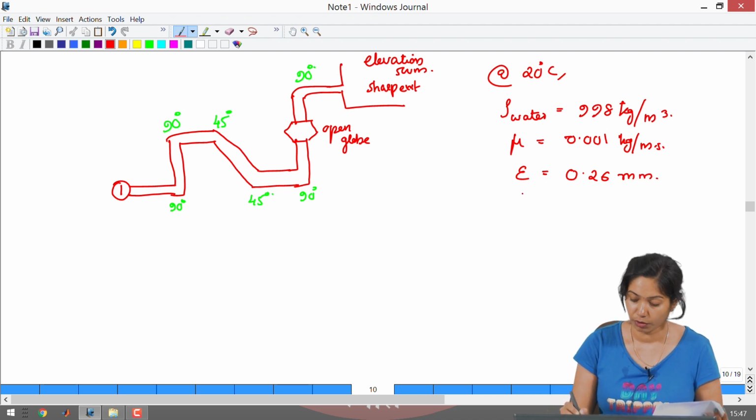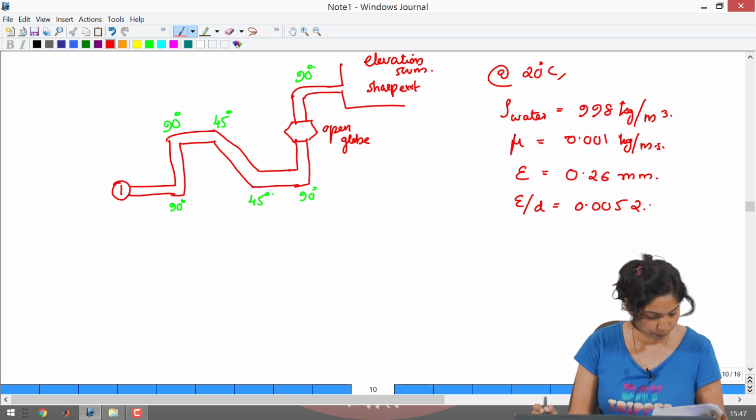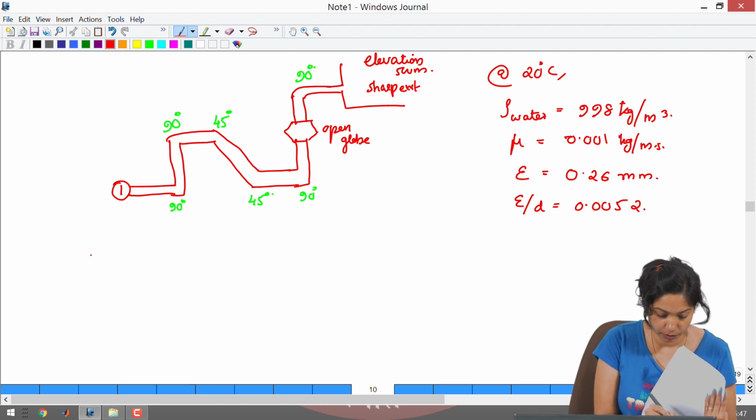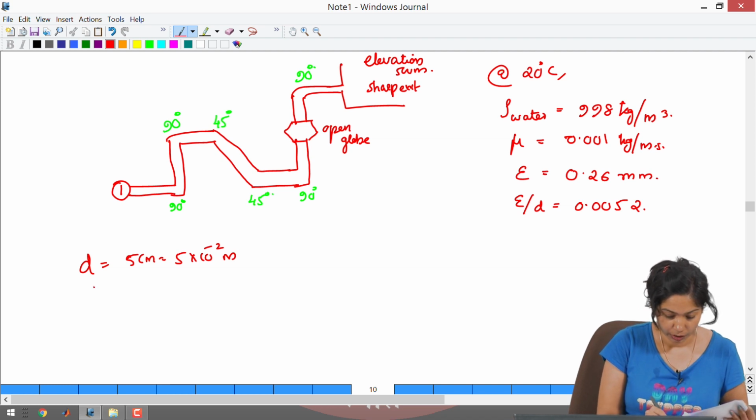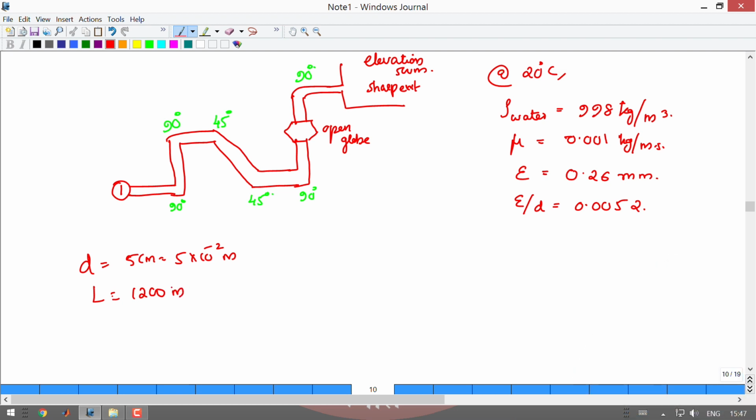So the roughness ratio epsilon by d will be 0.0052, where d is the diameter, 5 centimeter, equal to 5 into 10 raised to minus 2 meter, and L equal to 1200 meter.